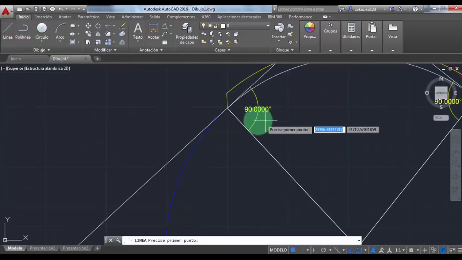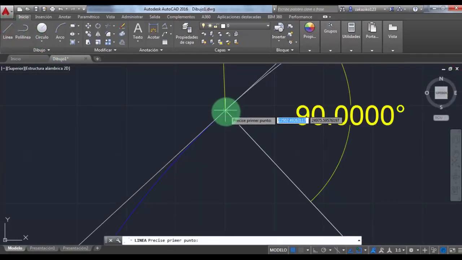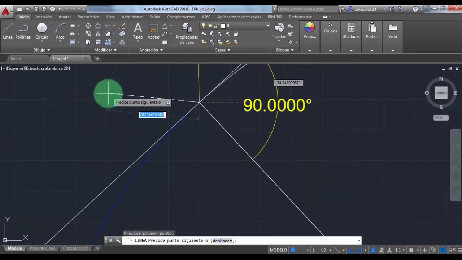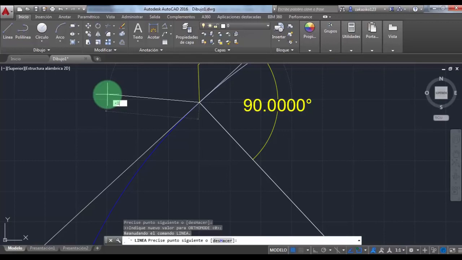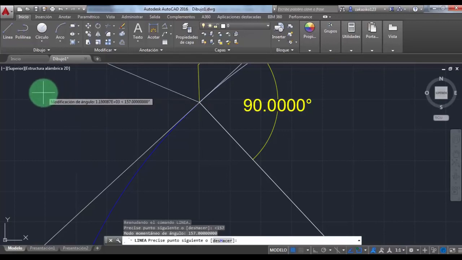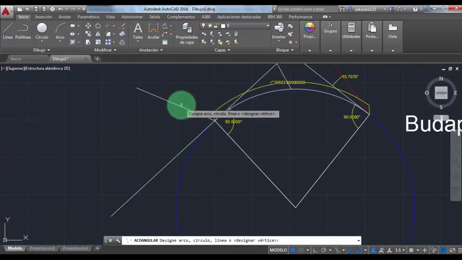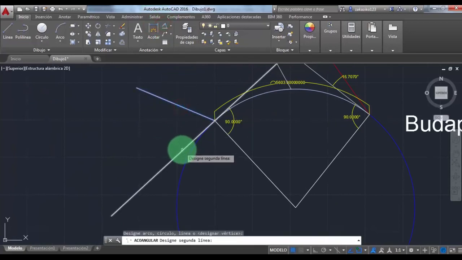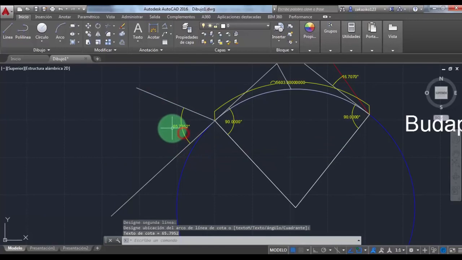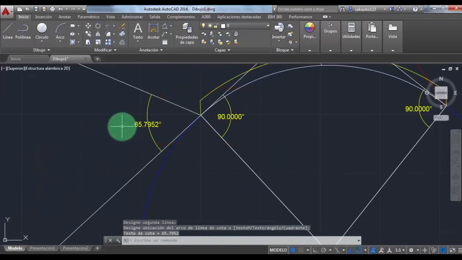Change the directions and see what's gonna happen. There you go, 65 degrees to the south.